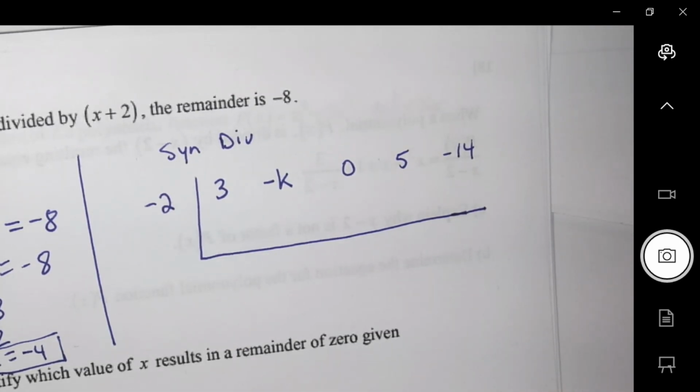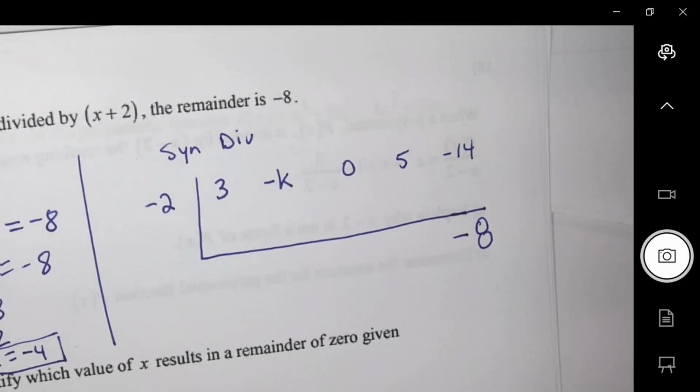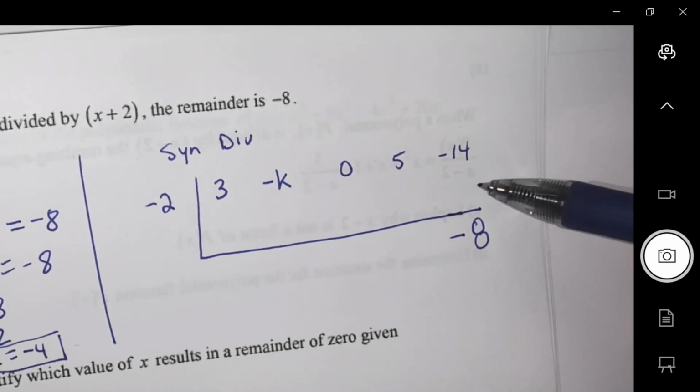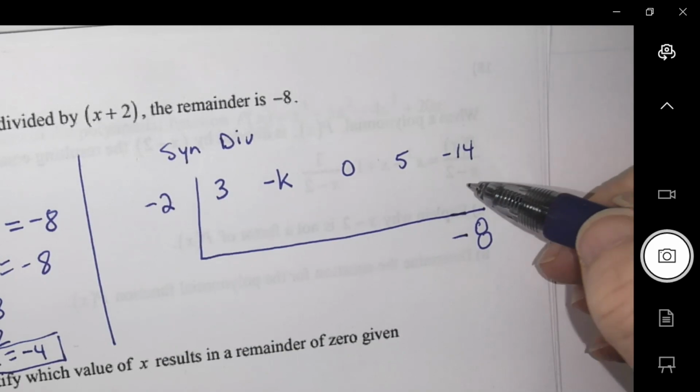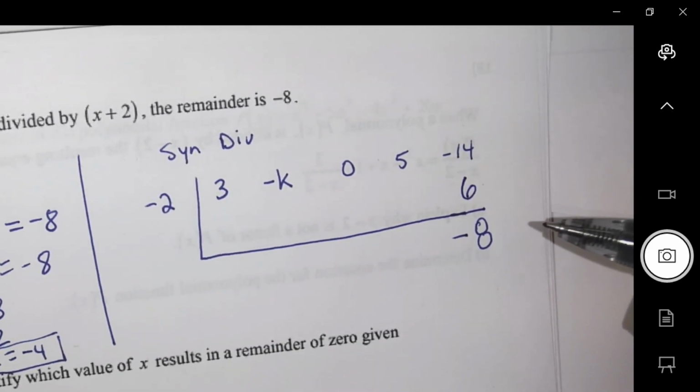Okay, this time I actually know the remainder was -8. Okay, we're going to work backwards. Okay, what will I need in this position? -14 plus what do I need there? 6.